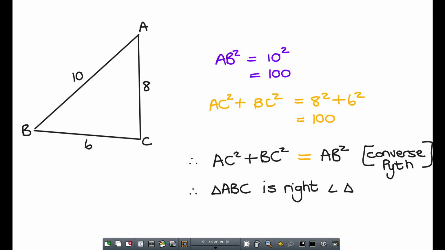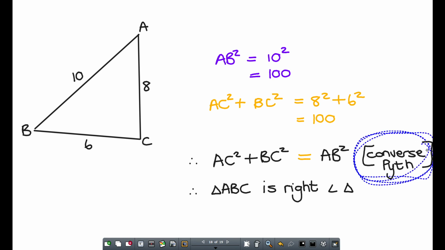You see, when you say AB squared plus BC squared equals AC squared, then you have to write Pythagoras. Why didn't we write something here at the start?